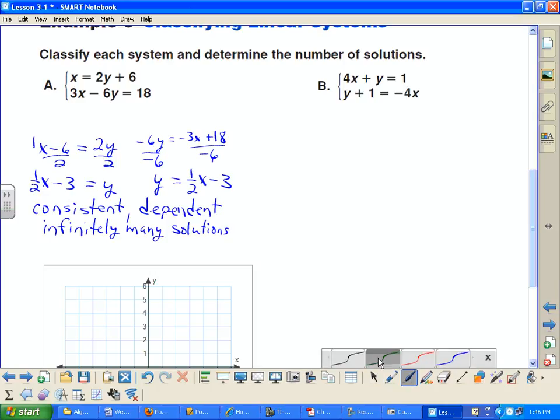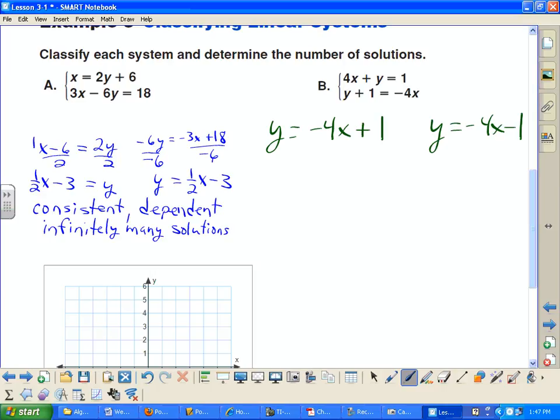Let's look at B. So once again, we're solving for y. In the first one, we'll subtract 4x, so we get y equals negative 4x plus 1. And in the second one, we'll subtract 1, so we get y equals negative 4x minus 1.